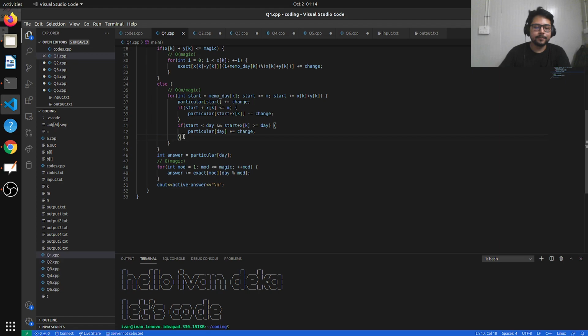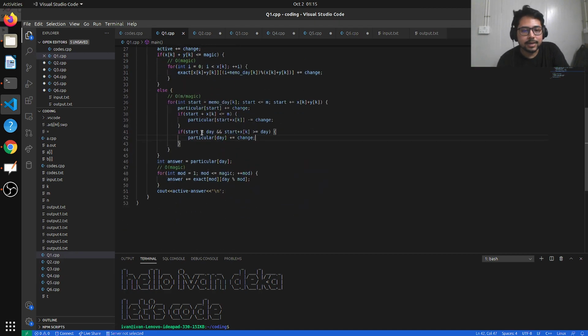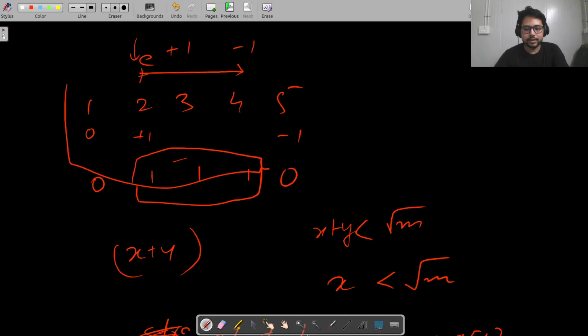This condition comes in handy when we are removing an element, because if we remember, a particular day will have the value of a prefix sum up till the previous day, and there might be a case in which the element which is getting removed, for instance, let's consider an example.